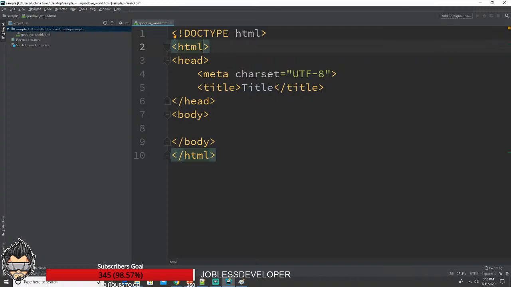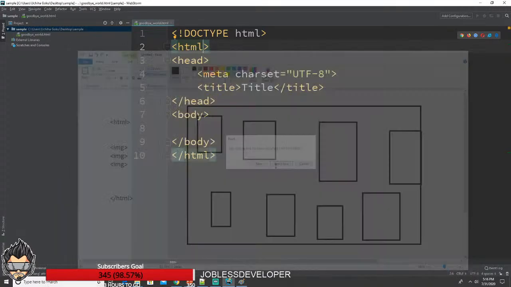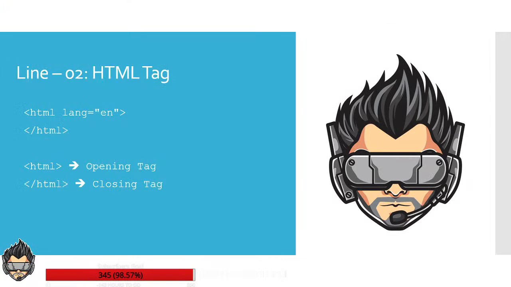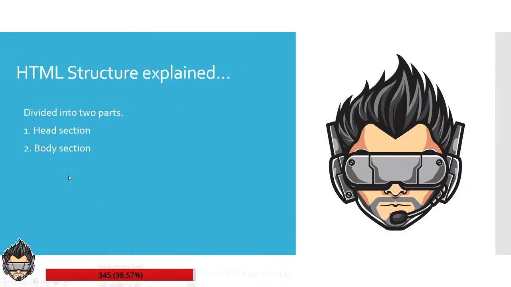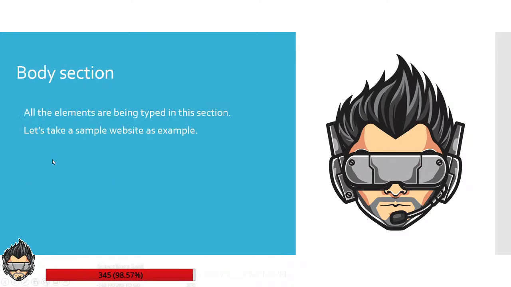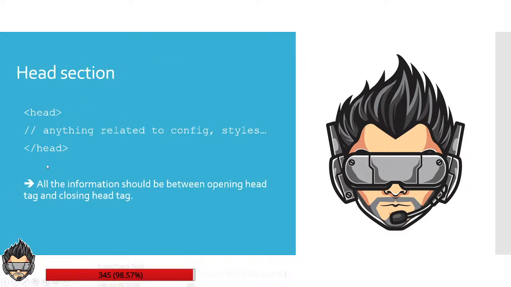And next we saw that the HTML is divided into two parts. Where is that one? Here. It's divided into two parts, head section and body section. So let's go back to our slide again. Yes, head section.